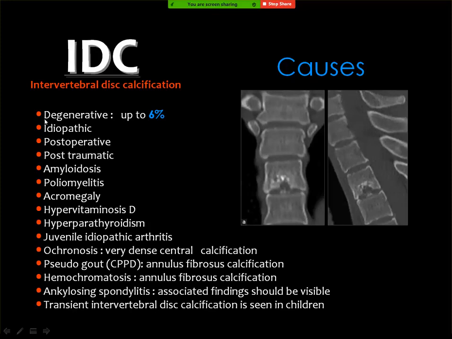The first is degenerative changes, idiopathic, post-operative, post-traumatic, amyloidosis, poliomyelitis, acromegaly, hypervitaminosis, hyperparathyroidism, juvenile idiopathic arthritis, ochronosis, pseudogout, hemochromatosis, which we have just mentioned, ankylosing spondylitis, and this is known as transient intradiscal calcification in children.